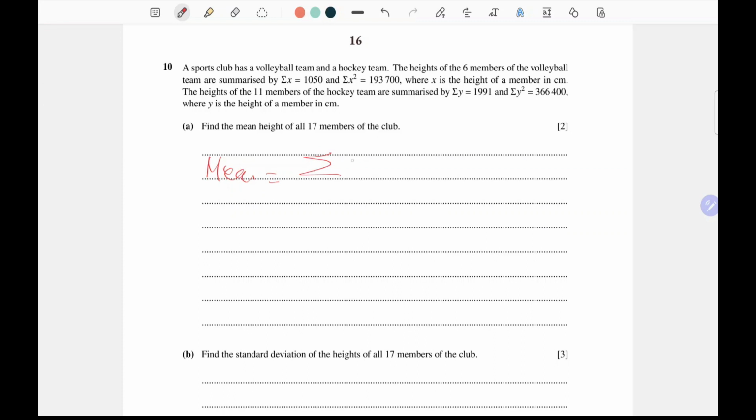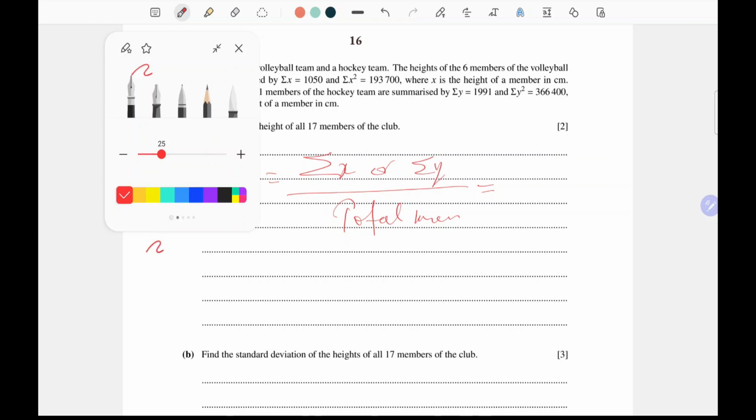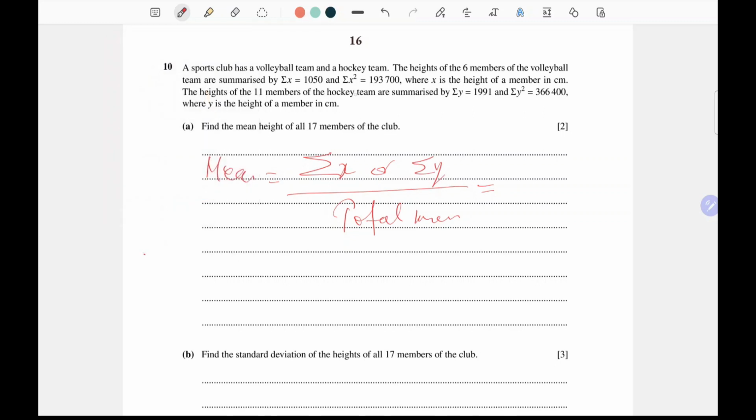You know, sigma of x plus sigma y over total members. Okay, I think I should increase some thickness. Yeah, what is sigma x, guys?